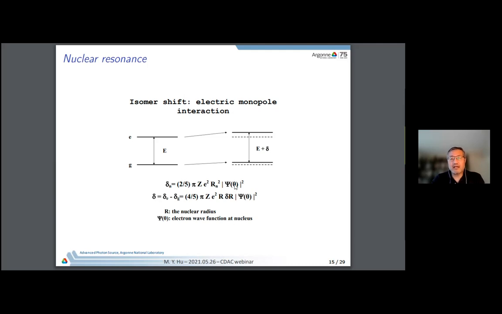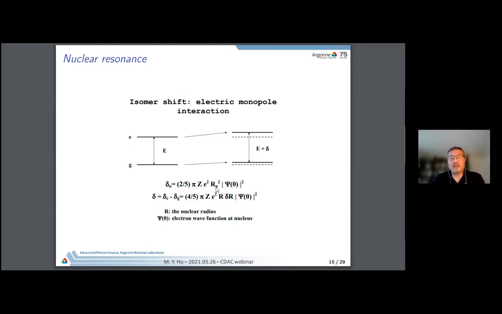That's at zero, because on the atomic length scale, the nucleus is really just a point. Both the ground state and excited state of the nucleus have a certain size, and if the size changes, there are shifts in this energy. That's the so-called isomer shift.